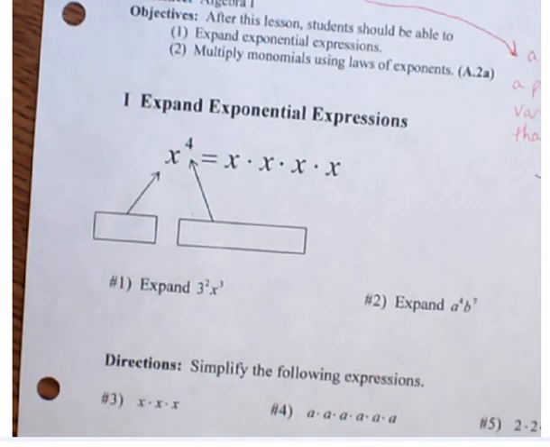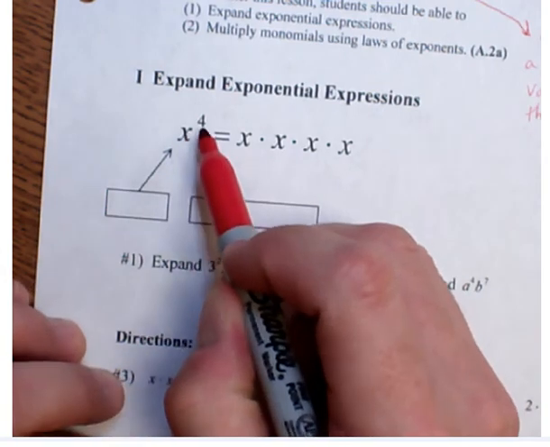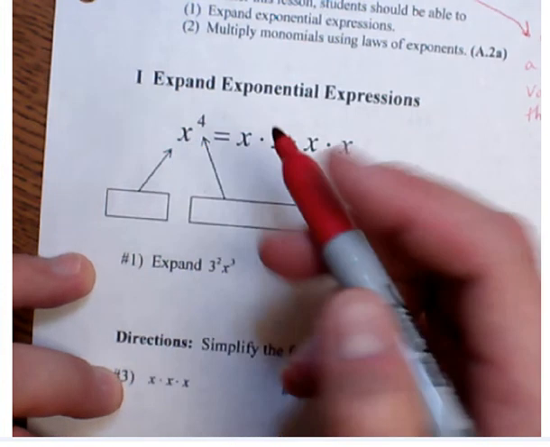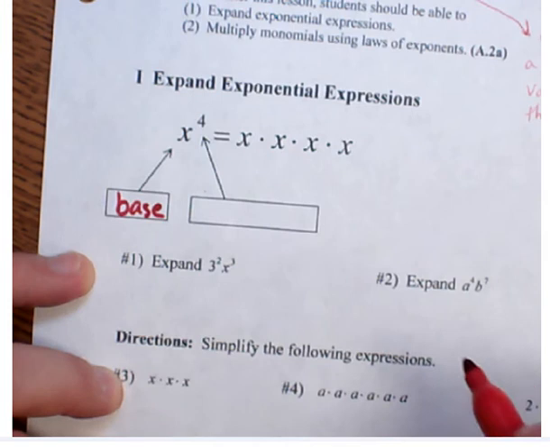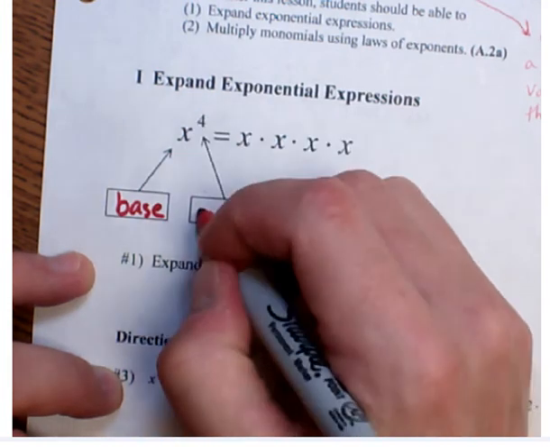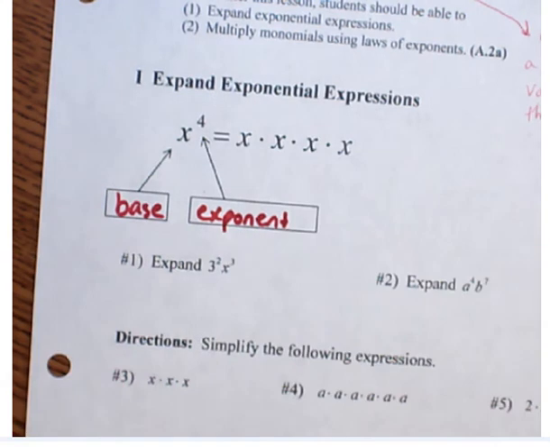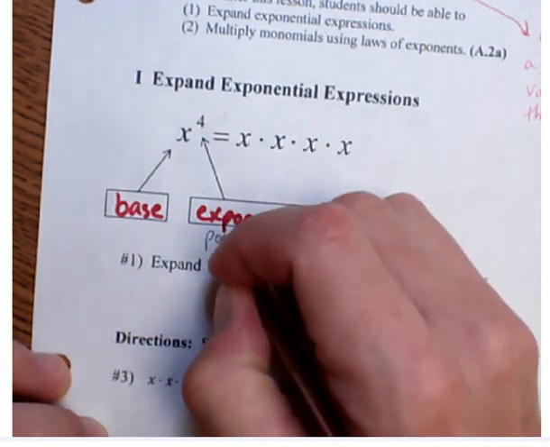Now we're also going to do a little review here. When you're talking about variables and exponents, this is x raised to the 4th power. The x, the bottom, bigger number, is called the base. X is the base. And this small number here, the 4, is what we call the exponent. When you raise a number to an exponent, we also sometimes call it a power.